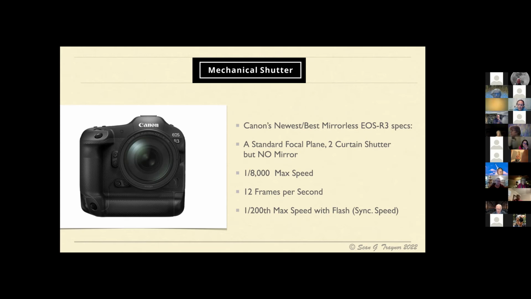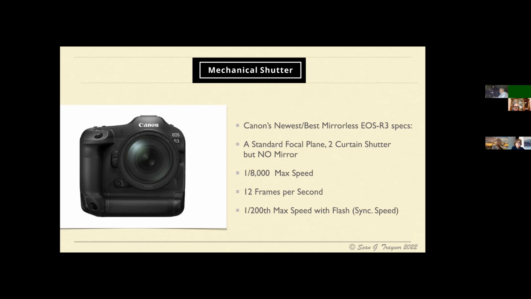When it's using the mechanical shutter, it can have a maximum shutter speed of 1/8,000th of a second. It can take 12 frames a second. And the so-called sync speed, or the maximum speed with flash, is 1/200th of a second. So in this case, it takes the curtain 1/200th of a second to uncover the sensor.